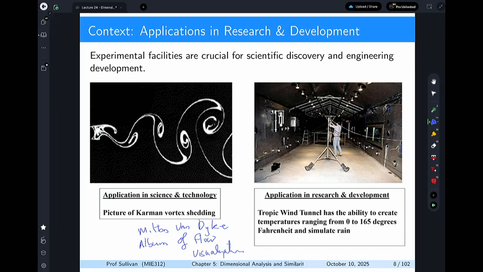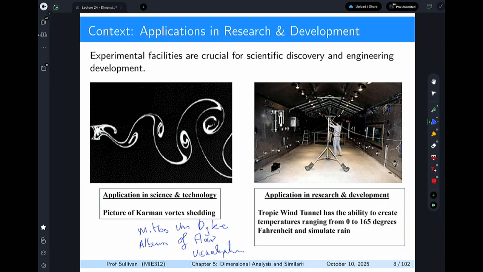It's Milton Van Dyke, Album of Fluid Motion. A lot of the stuff that we talk about in the course, he presents from different authors. And so this is a Kármán vortex shedding. That's a cylinder on the far left. This is done in water with fluorescein. So it's not a great picture. In color, it's green. It really looks cool.